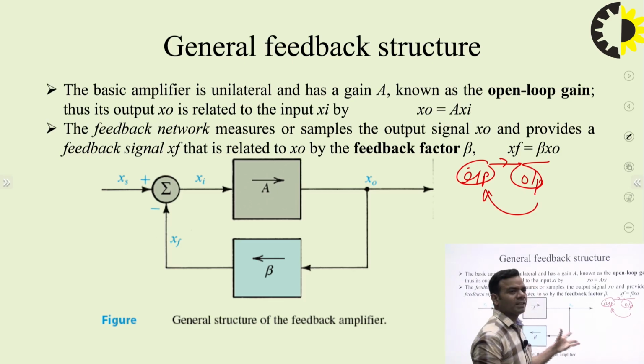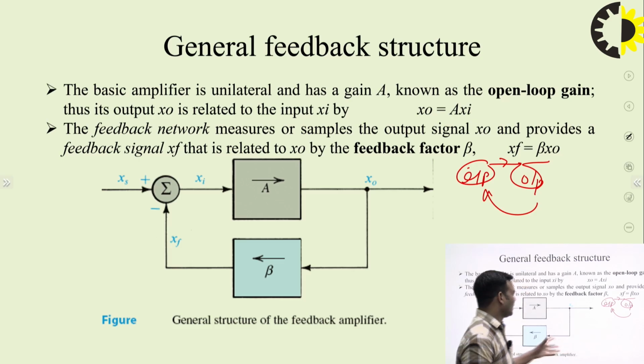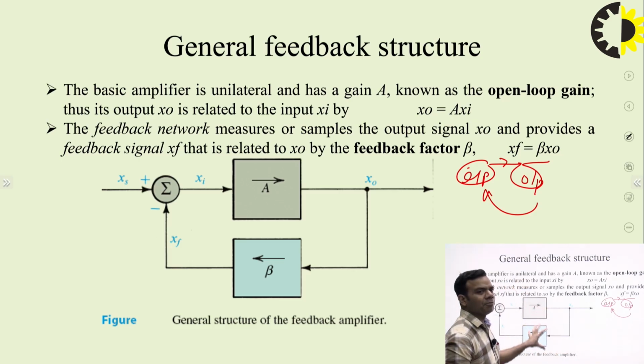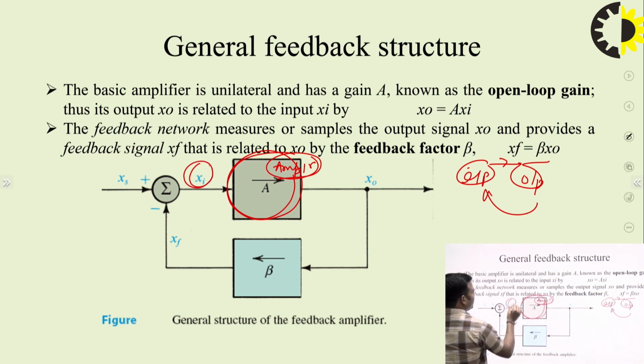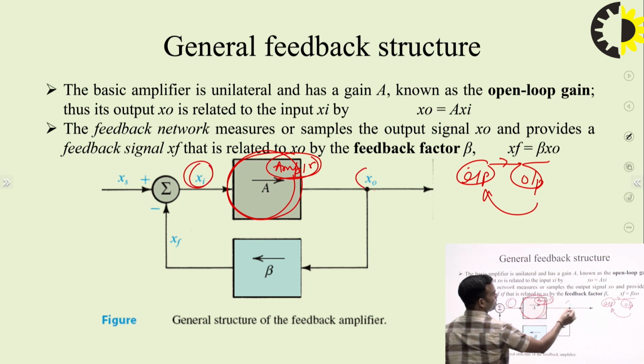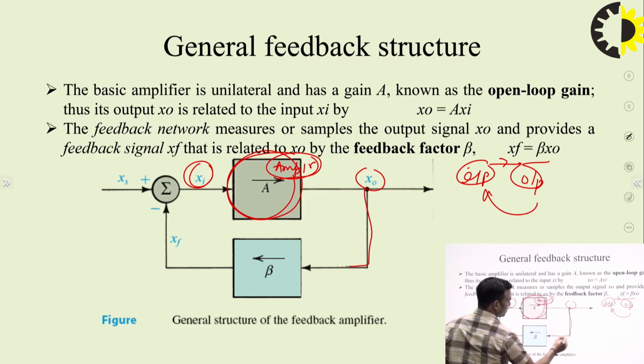Before discussing these, let us discuss the block diagram of a feedback amplifier. Consider this simple amplifier, where you are applying some input and getting an output, and this output is given to the feedback network.